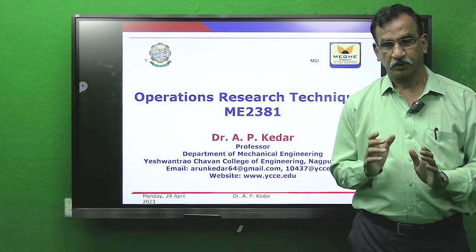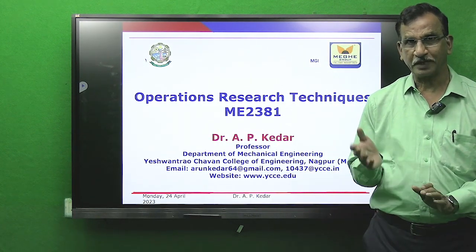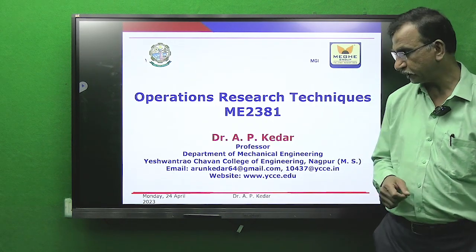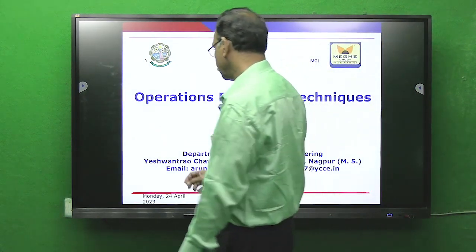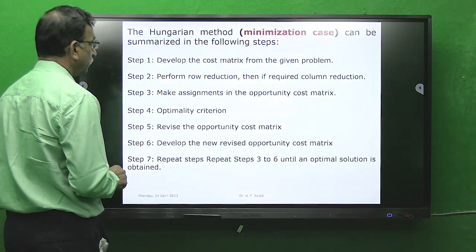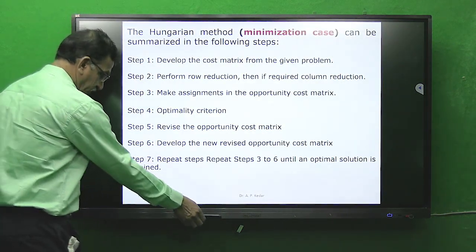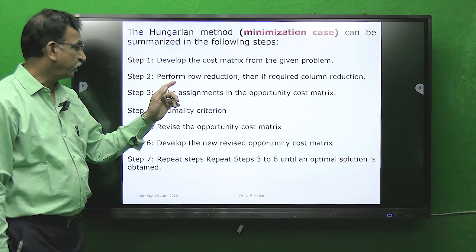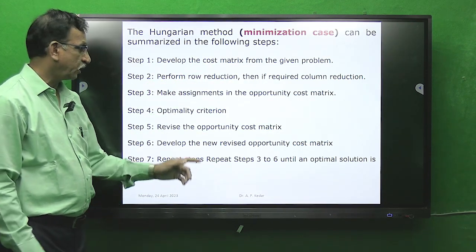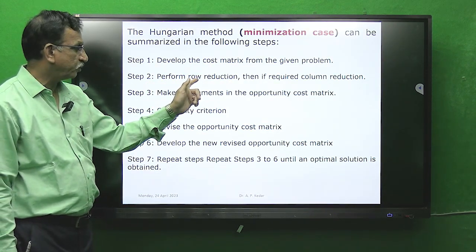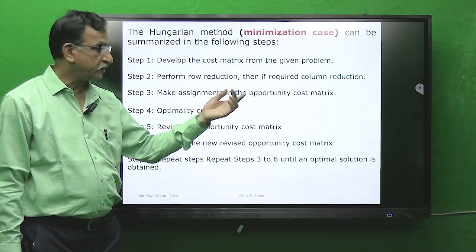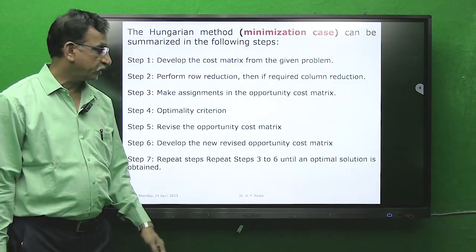So now we'll start with the problem, and before that I will just quickly go through what are the steps involved in Hungarian method. If you recall, these are the various steps: develop the cost matrix from the given problem, perform row reduction. I will explain now how to perform row reduction, and if required in a matrix, then we have to perform column reduction.